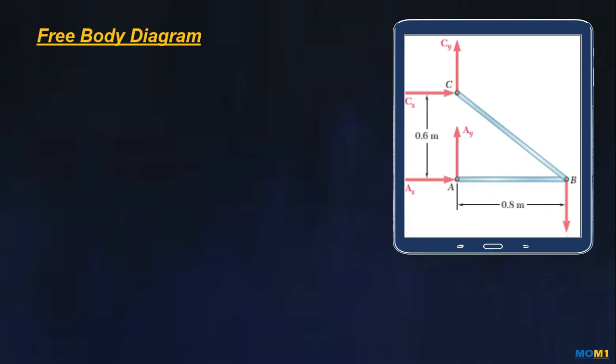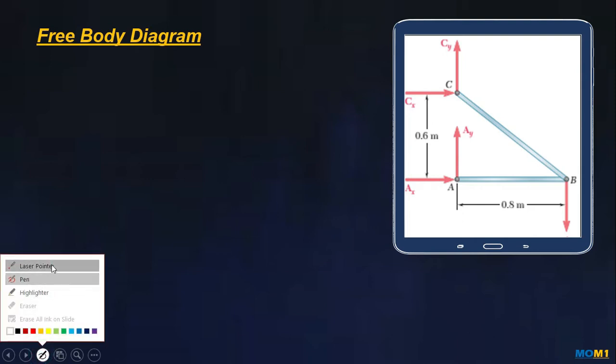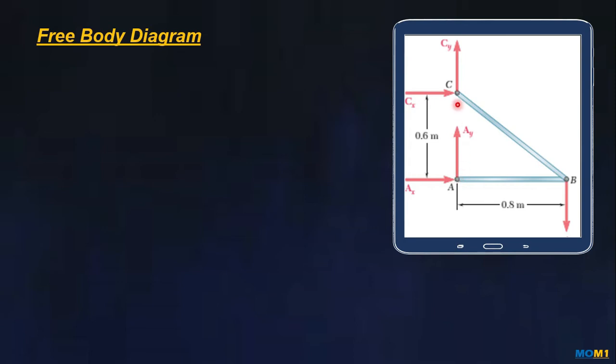we have to draw a free body diagram, and in the free body diagram we see that at point A and point C there are reactions, and we have shown the components of these reactions, assuming that the directions of these components are unknown.